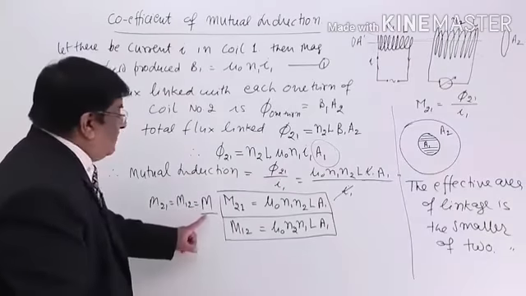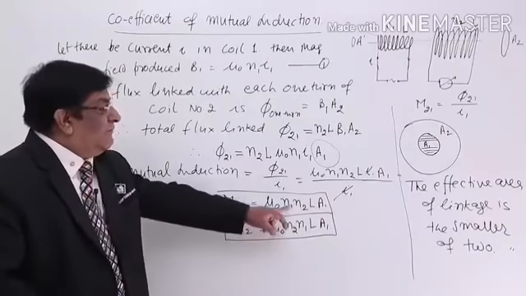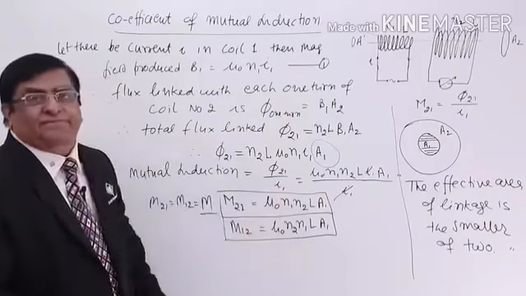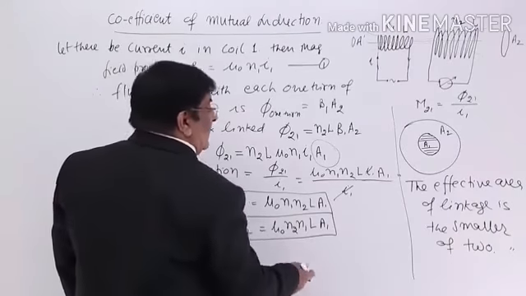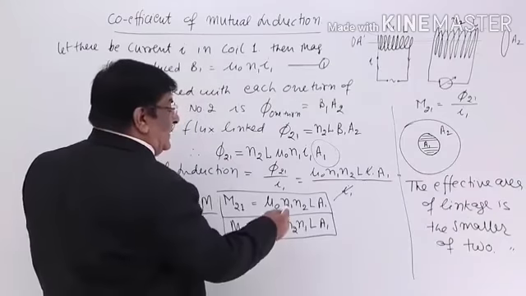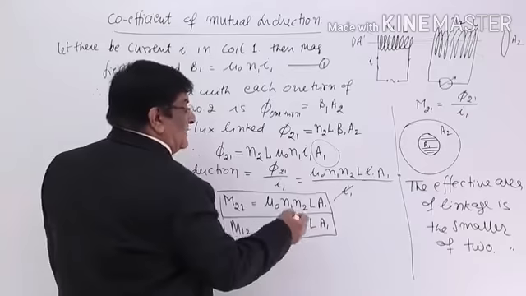So now onward we will write it only mutual induction M is equal to mu naught N1 N2 L into A1. This is one way of writing it. The other way of writing it, when we involve capital N. We know that N1L is equal to capital N1, N2L is capital N2.